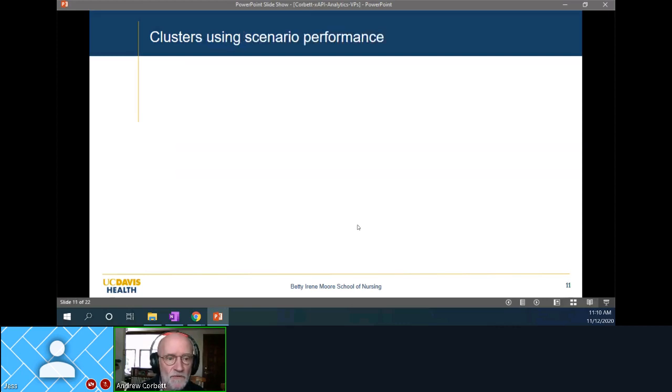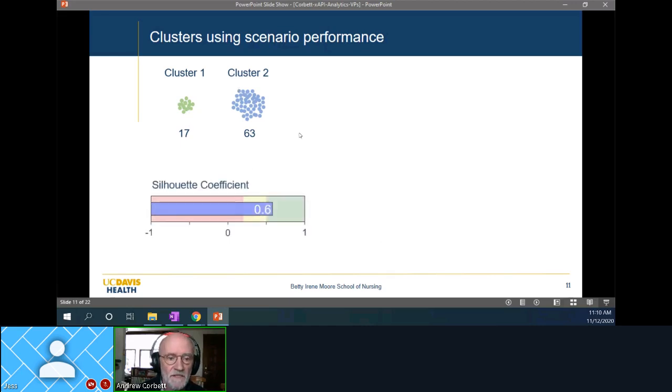So what I did was for the performance across all scenarios, did a cluster analysis, found two, a smaller one of 17, a larger one of 63. It was found to be a reasonably good clustering, meaning that they were close together and separate from each other, broadly speaking.